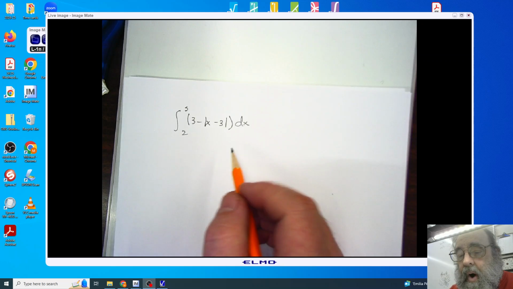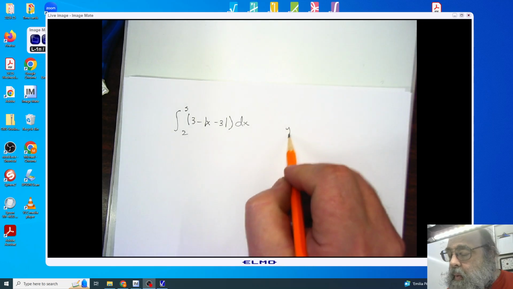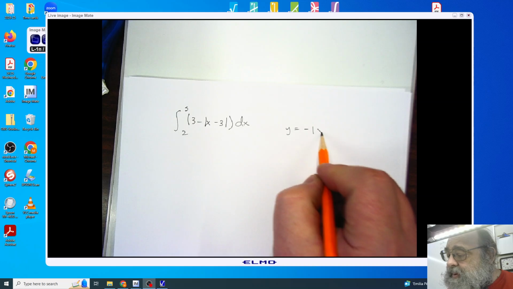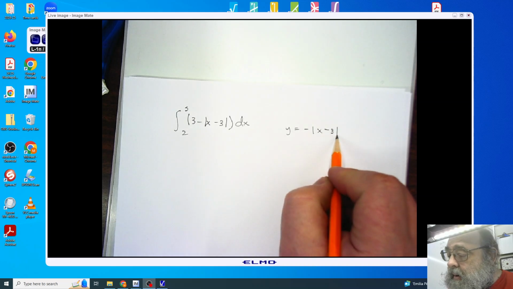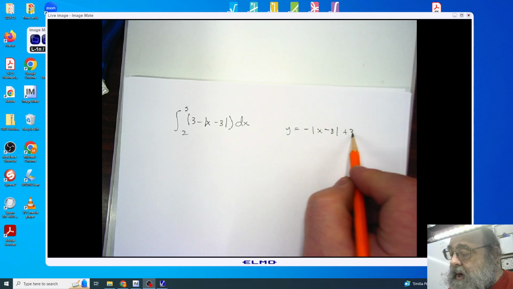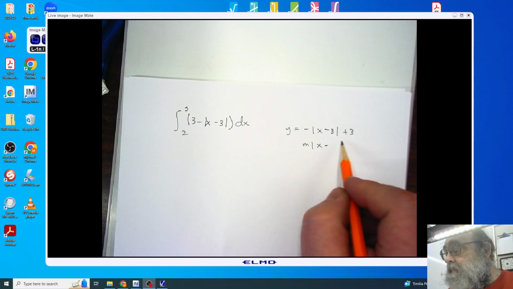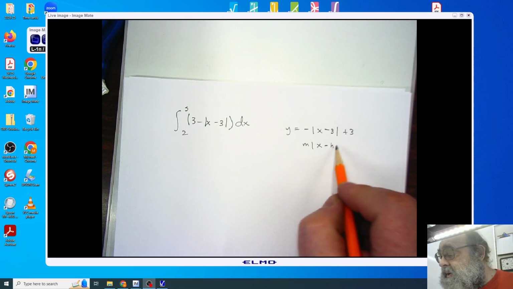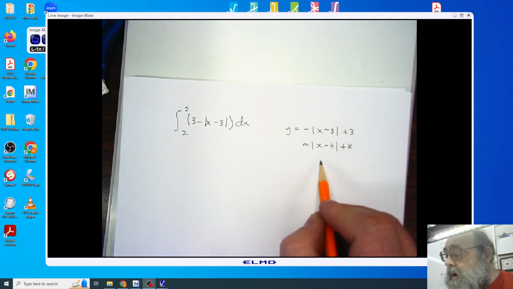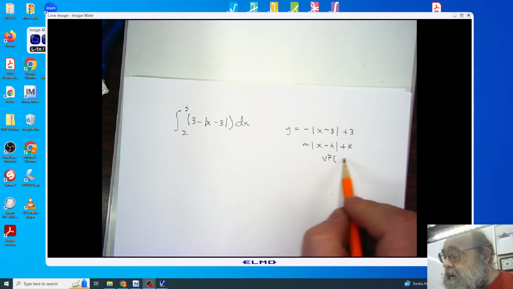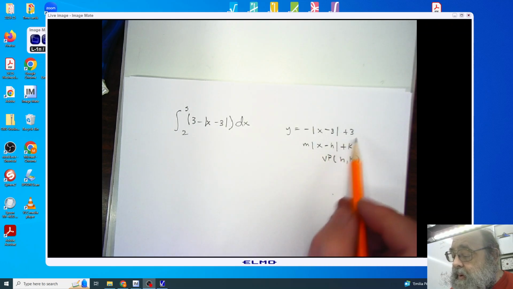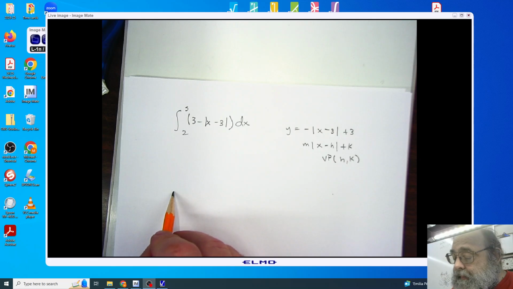If you are graphing, I would change it into y equals negative absolute value of x minus 3, the quantity, plus 3. This puts it into our m times the absolute value of x minus h plus k form, where the vertex point is h, k. That means that I'm looking at 3, 3 as my point.